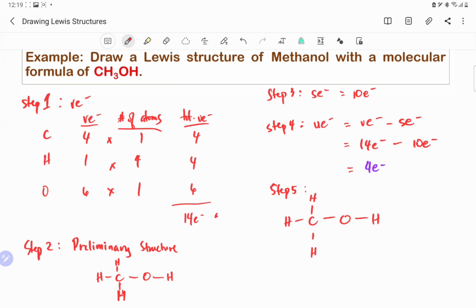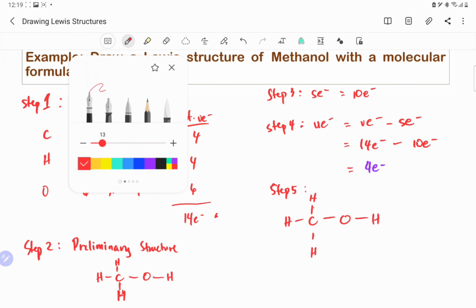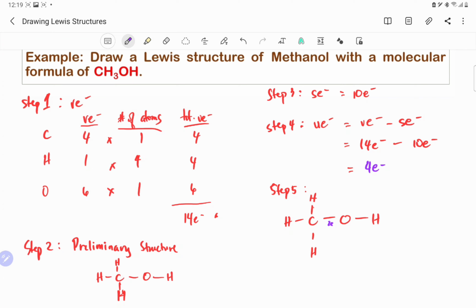So hydrogens have a complete duet, carbon has a complete octet, 2, 4, 6, 8, but oxygen only has 4 electrons. So it needs 4 electrons more. And how are we going to do that? Well, it could be either a bond or a lone pair. For example, we could draw it like a bond. This is 2 electrons and this is 2 electrons.